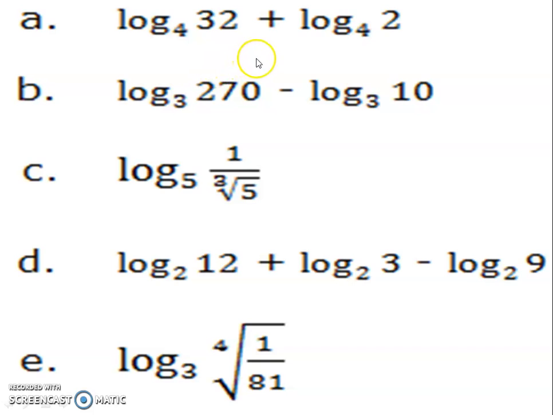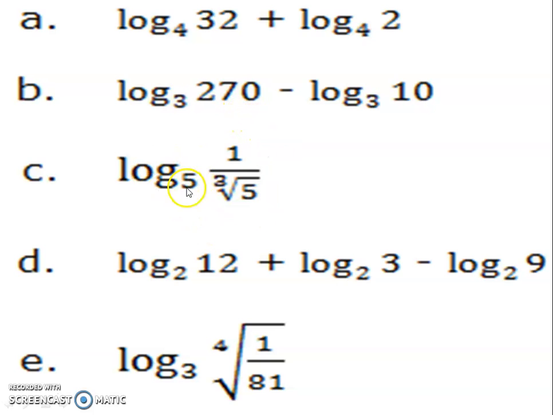In all these examples, note down that to solve by laws of logarithm the base of each term must be the same. Here the base is 4, here also 4, so laws of logarithm are applicable. Here the base is 3, here also base 3, so laws of logarithm are applicable.